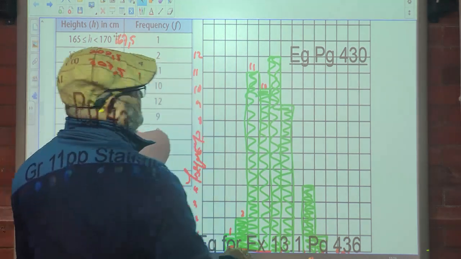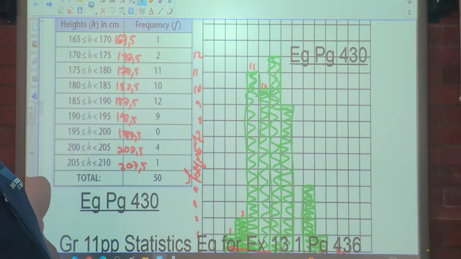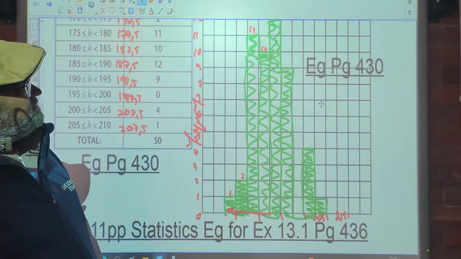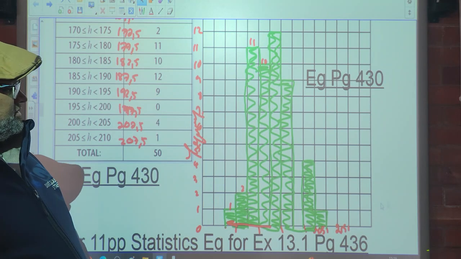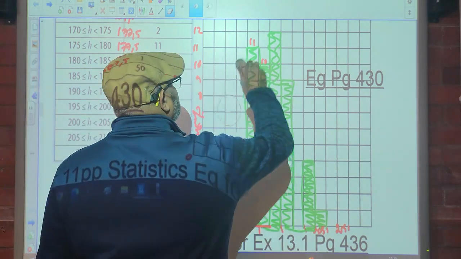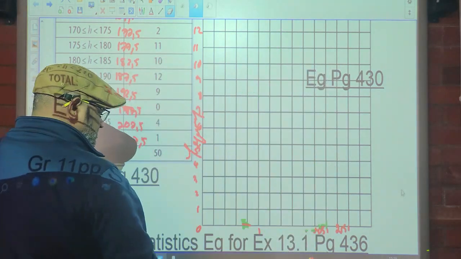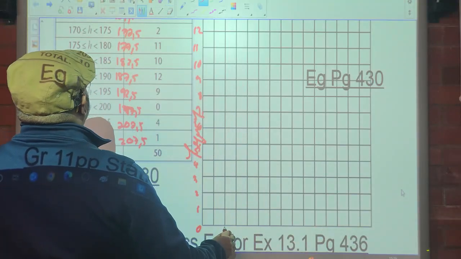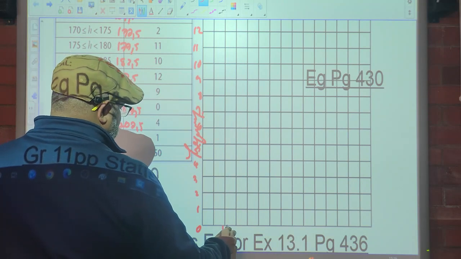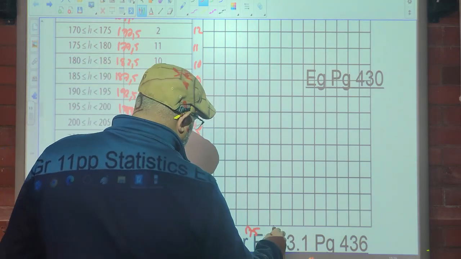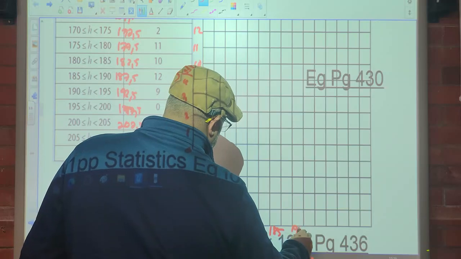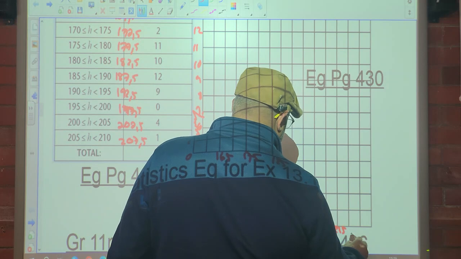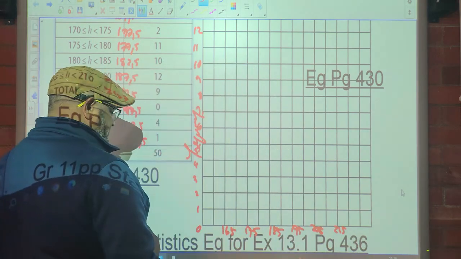So what I do is I take those midpoints. But what are the values here again? 165, 175, 185, 195, 205, 215.